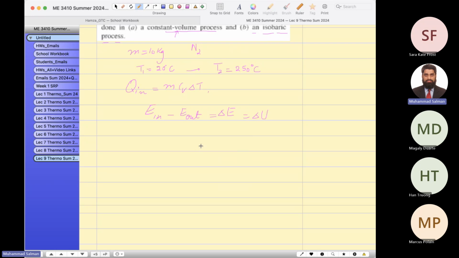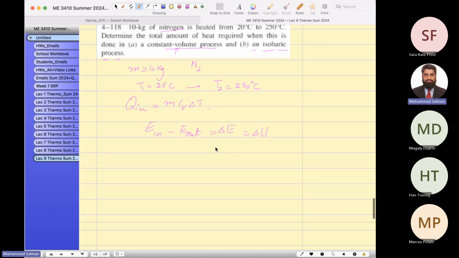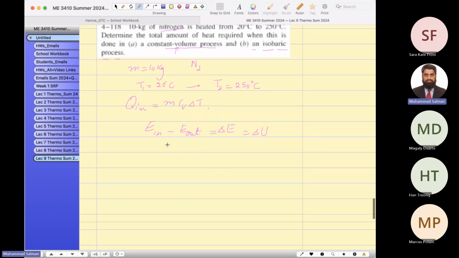But in this case it is a closed system that is not moving at all, so it is just delta U. Energy going out is zero because of the constant volume. This is part A, and Q in is equal to delta U, which is mCv delta T.